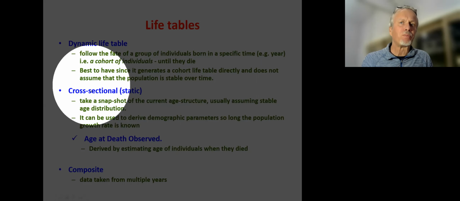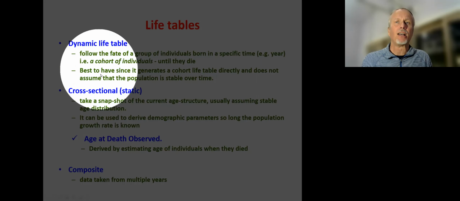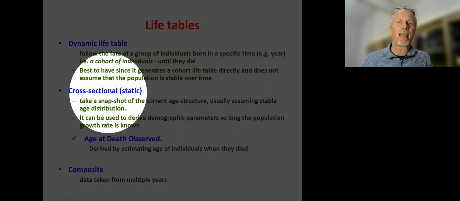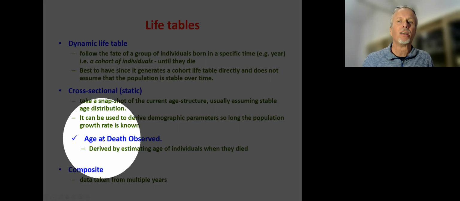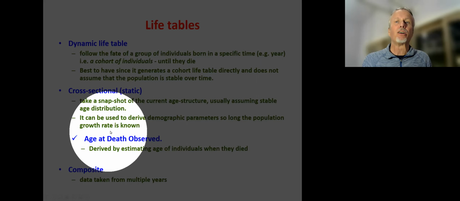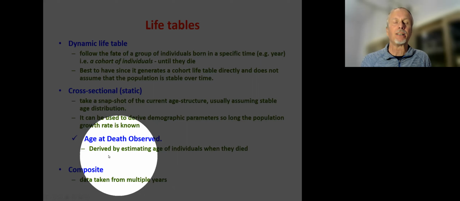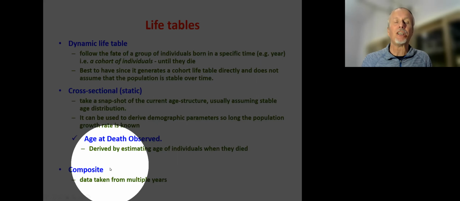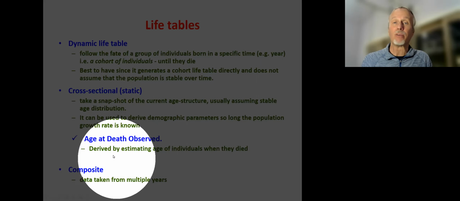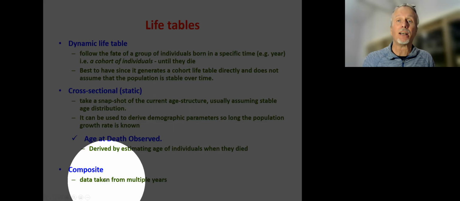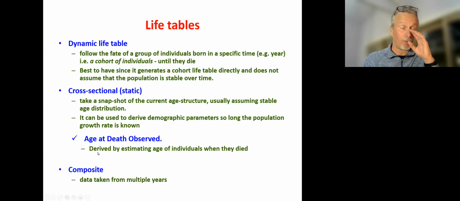A very specific type of snapshot of a static life table is when we can, for instance, derive the age at death observed. So basically the distribution of age in the individuals that died, by, for instance, looking at the otoliths in fishes or teeth in marine mammals.